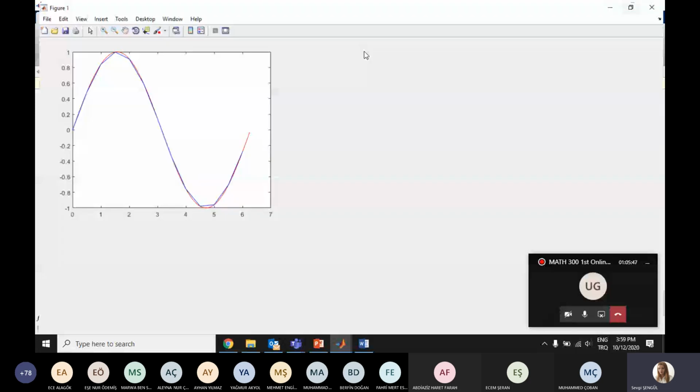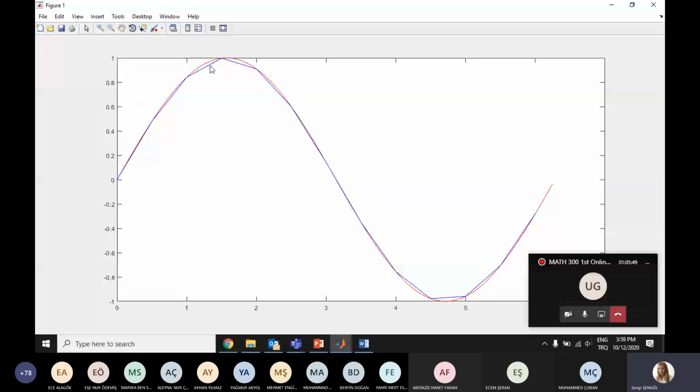Check that out. This blue is when the increment is so big. This red is when the increment is small. So what I wanted to show you here is, if your increment is not small enough, you will not get a smooth function. Okay? If you want to get a smooth function, you need to get as many points as possible between your starting and ending point.